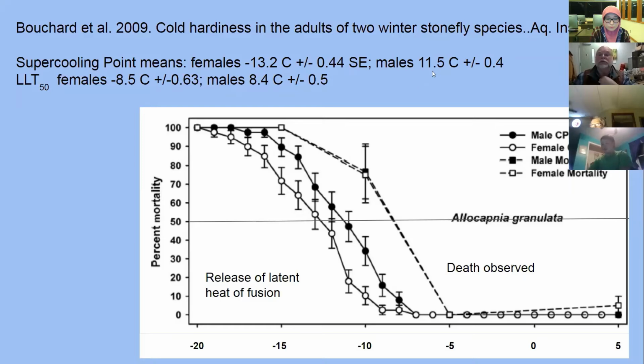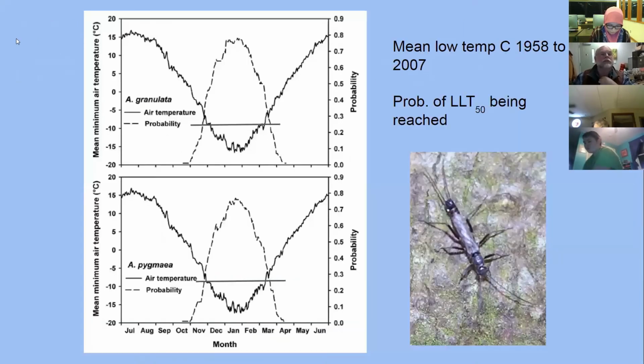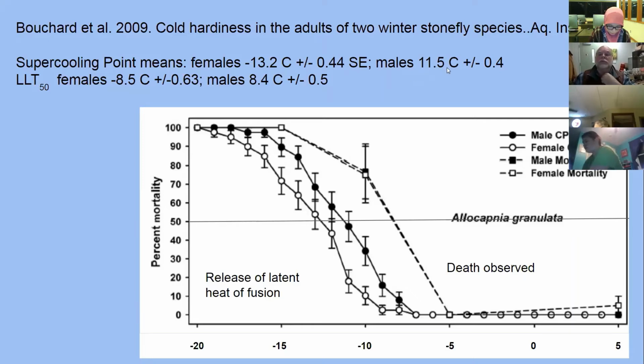The males at minus 11 degrees C, and this lower lethal temperature for males and females is almost identical, and the variation is almost the same.